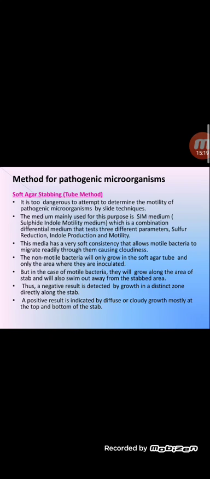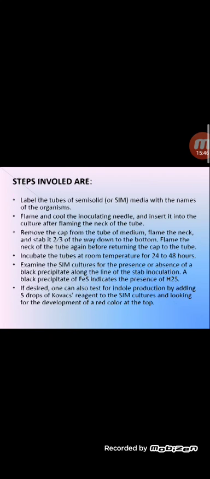But in the case of motile bacteria, they will grow along the area of the stab and will also swim out away from the stabbed area. The negative result is detected by the growth in a distinct line directly along the stab, and a positive result is indicated by the diffused or cloudy growth away from the stab.